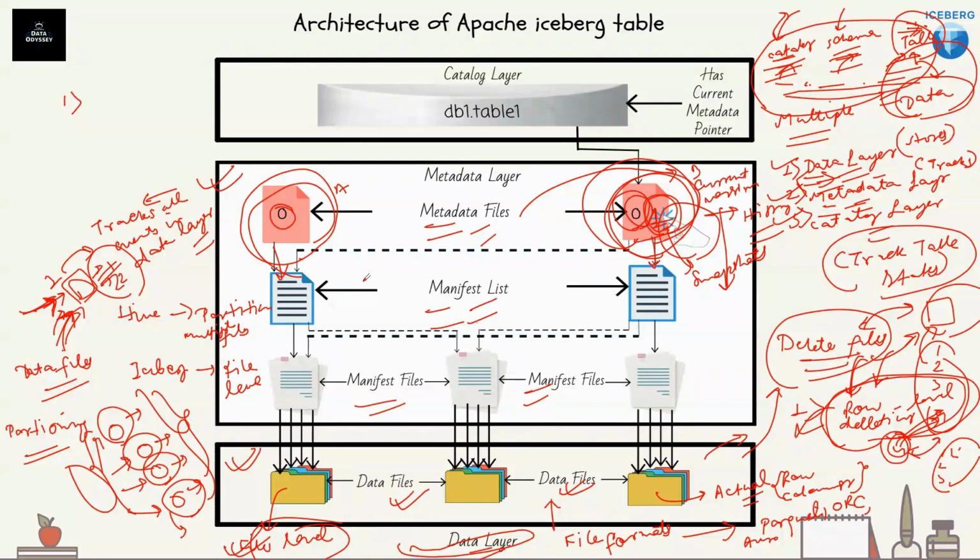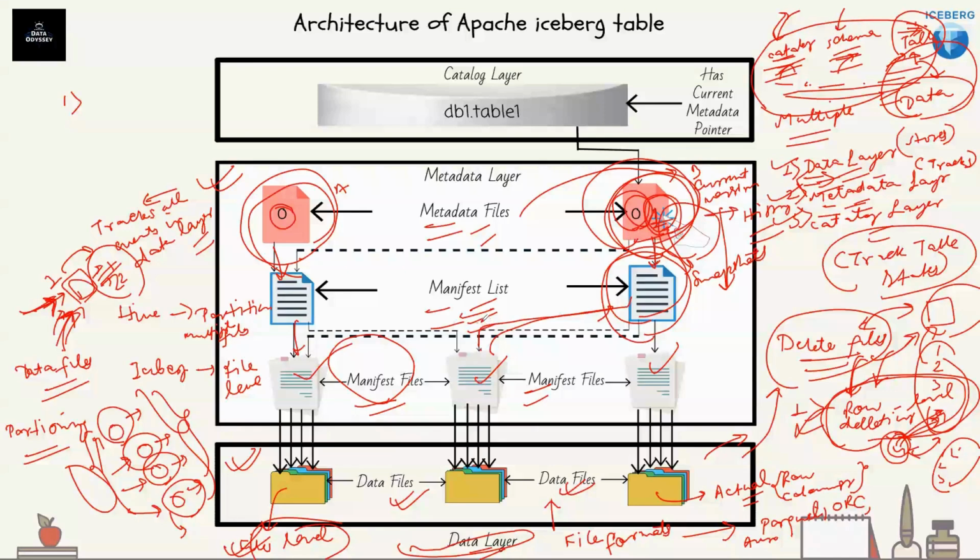So individual metadata files have their own set of manifest lists. What is present below this manifest list is the manifest file. A single manifest list has multiple manifest files to track, right? This manifest list has this file, this file and this file. So all three manifest files are tracked by this manifest list. That's what you can understand from the diagram.